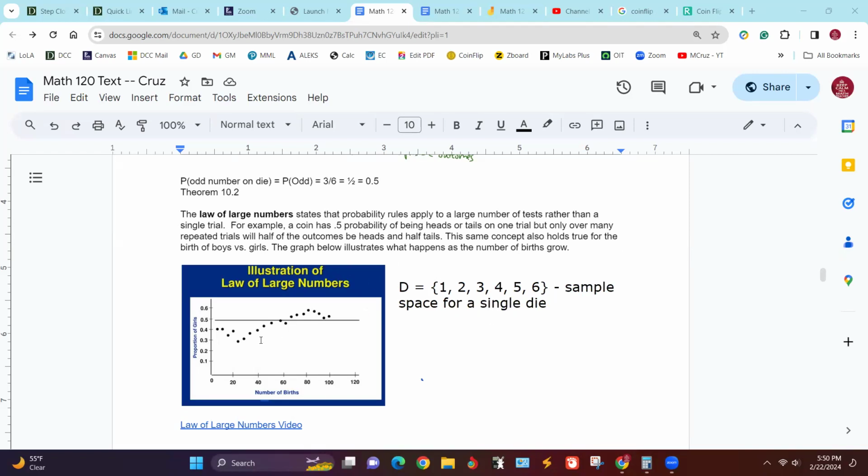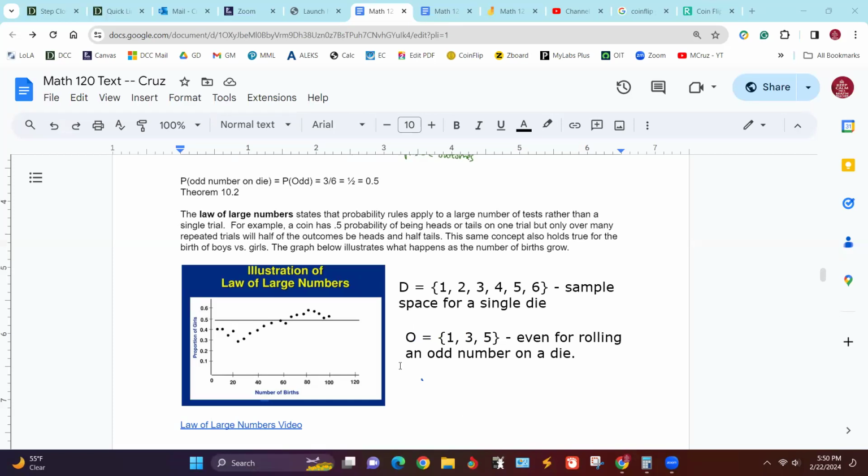Now, let's say we want to find the event for odd. Let's call it O. The odd ones are 1, 3, and 5. Okay, so this is the event for rolling an odd number on a die.